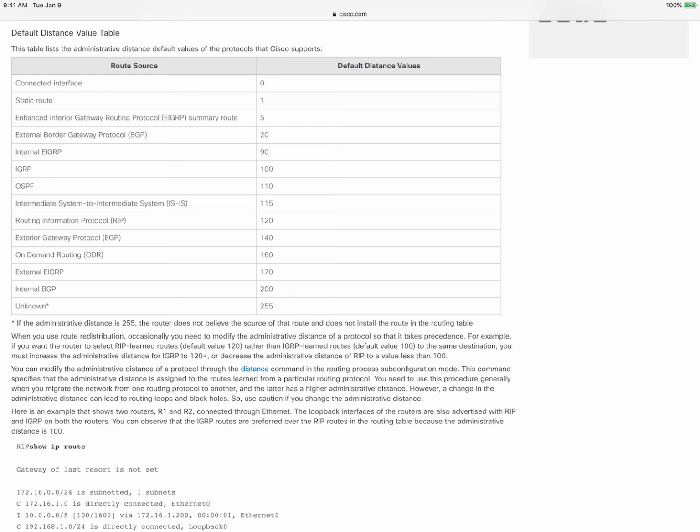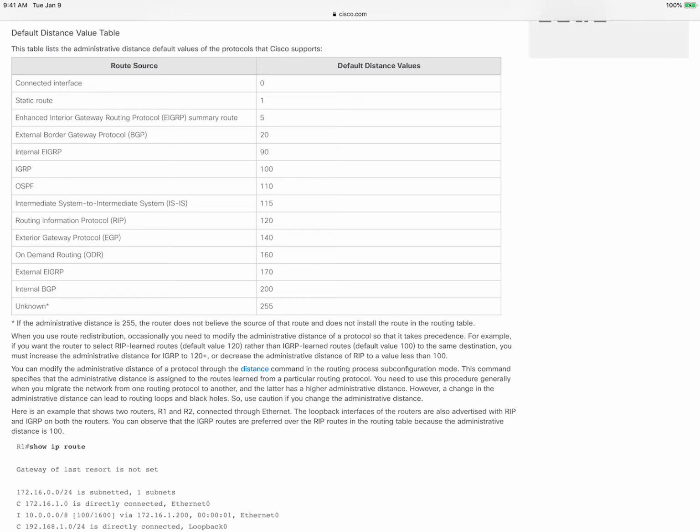If we look at it briefly, for a connected interface, the default administrative distance would be 0. So that is the most trusted route. And then right after that are static routes, and then EIGRP summary route, and then BGP routes, external BGP routes, and then EIGRP, OSPF, and so on.